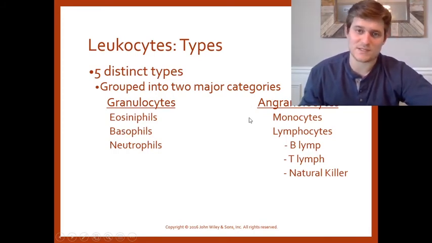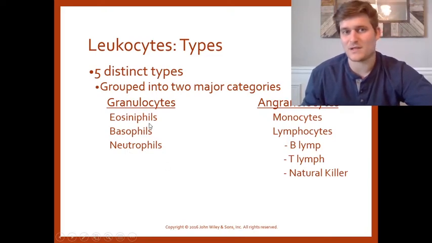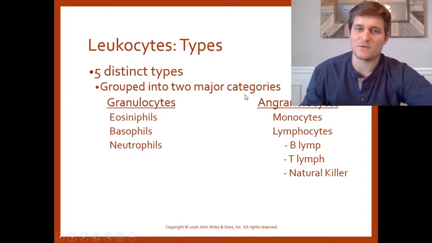The agranulocytes, again, do not contain these materials that break down the certain pathogens or whatever these leukocytes are going to pick up, but they will also be responsible for protecting the body in the immune response.